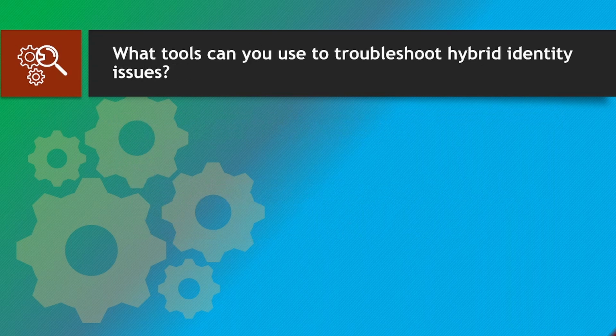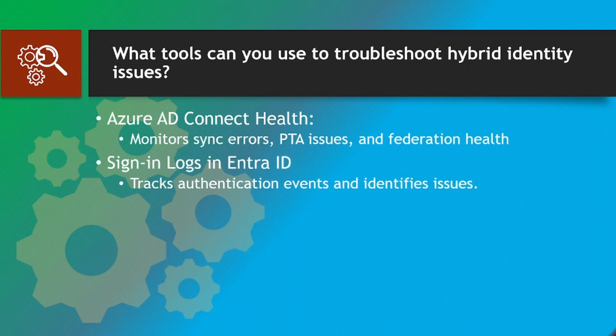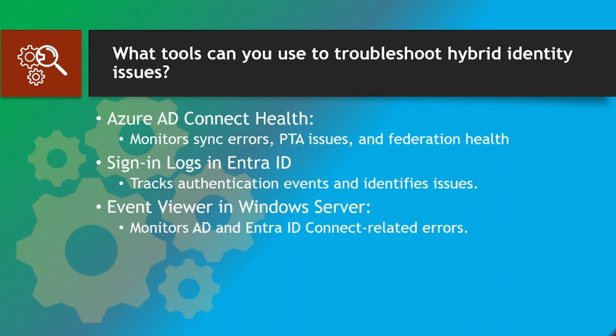Moving to the next, what tools can you use to troubleshoot hybrid identity issues? First, AD Connect Health: monitors sync errors, PTA issues and federation health. The second is sign-in logs in Entra ID, which track authentication events and identify issues. Third, Event Viewer in Windows Server monitors AD and Entra ID Connect related errors.